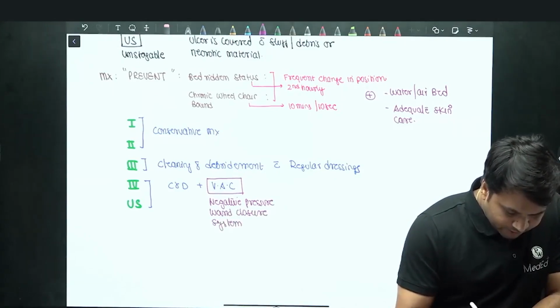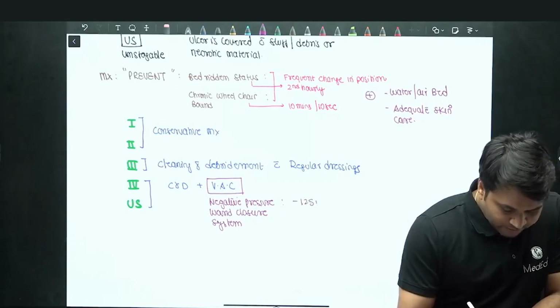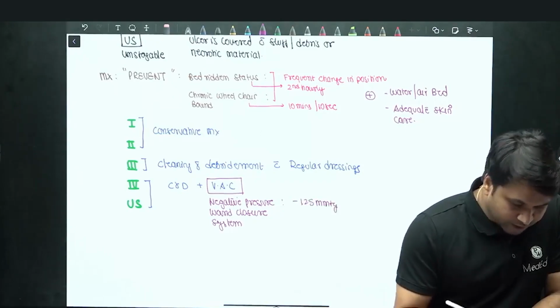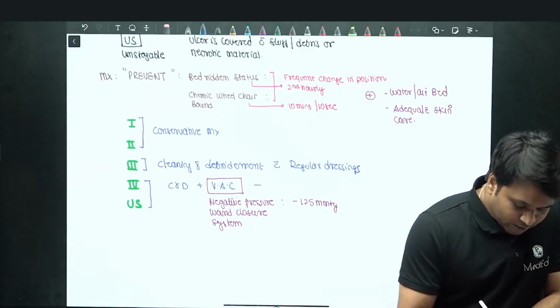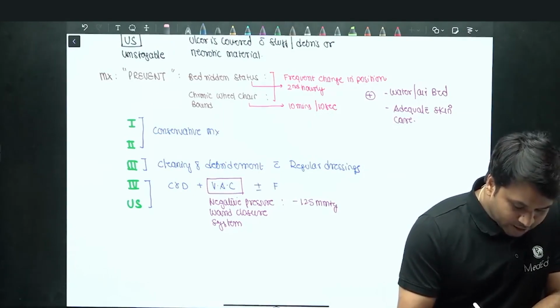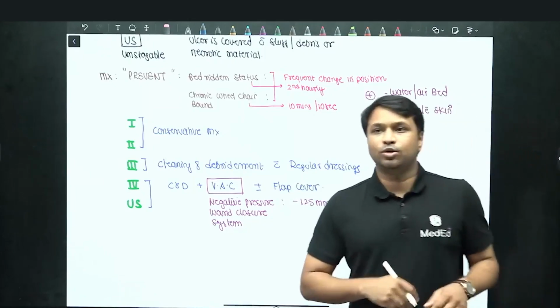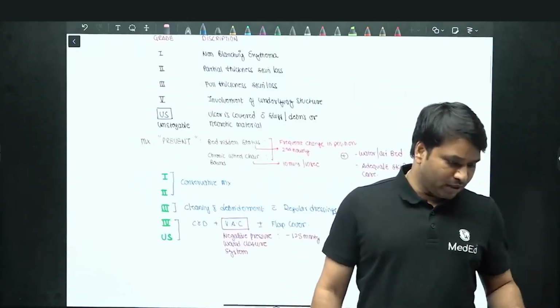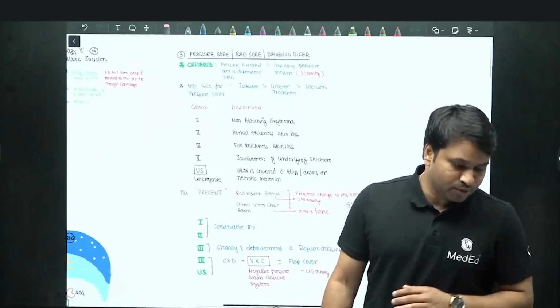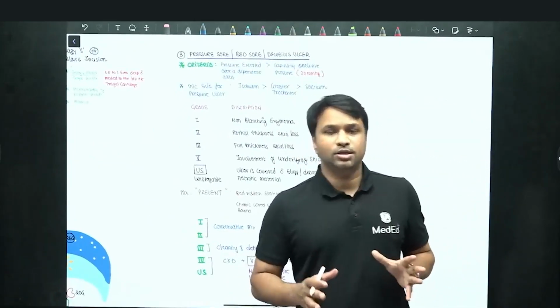Remember, the pressure that we exert here is minus 125 millimeters of mercury, and later on it might require plus or minus flap cover, right? So this is the total management that you will be looking at in terms of your pressure sore or the decubitus ulcer, right?